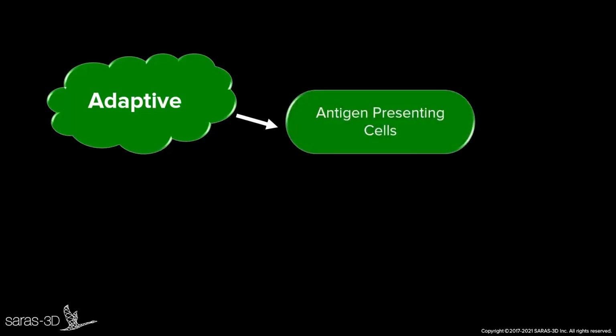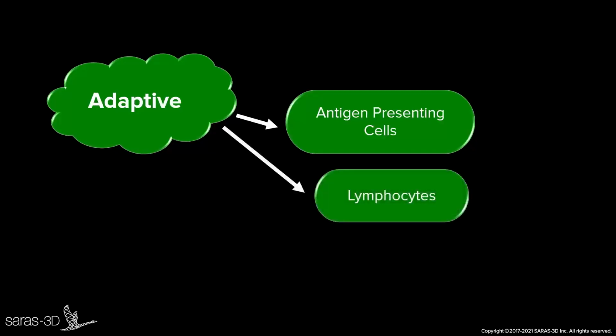So let's first understand the components of adaptive immunity and how they tackle the antigens or pathogens. The body identifies the antigens, captures and presents them to lymphocytes for the appropriate action, and this is known as presentation of antigens, which is done by antigen presenting cells. And second, the action which is mediated by the lymphocytes, namely B and T cells.